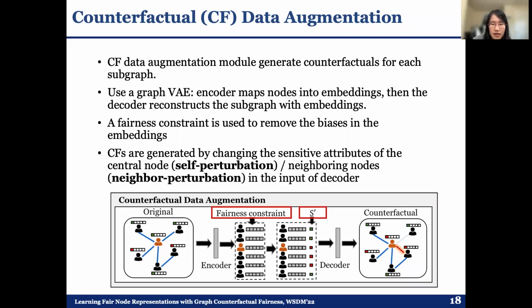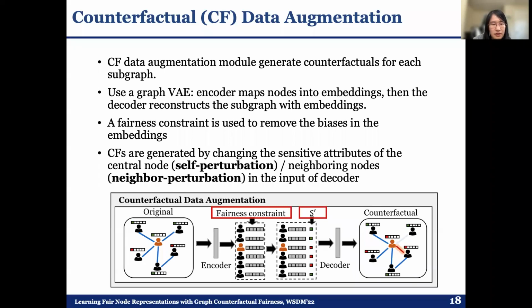And here, counterfactuals are generated by changing the sensitive attribute of the central node, which we call self-perturbation, and also changing the sensitive attribute of neighboring nodes. We call it neighbor perturbation.